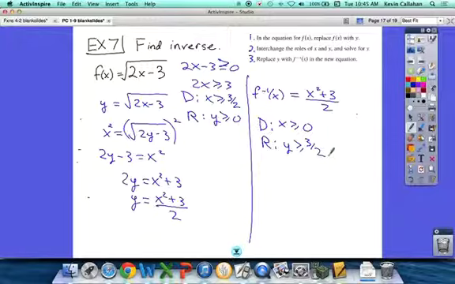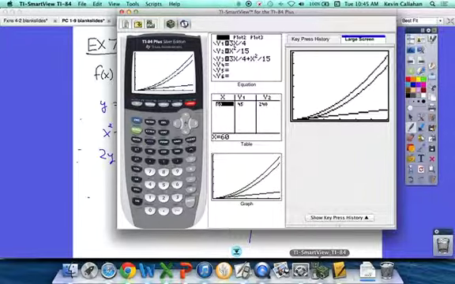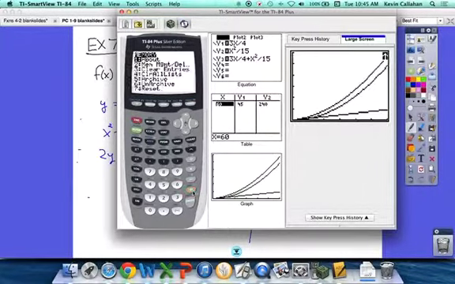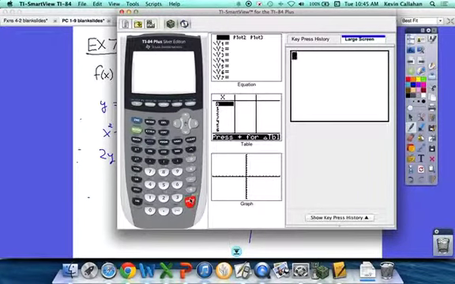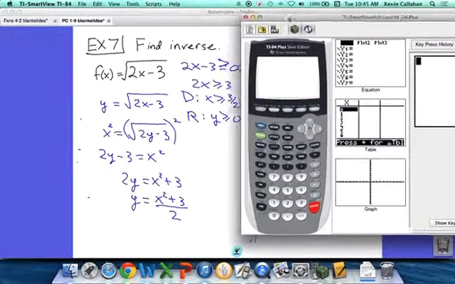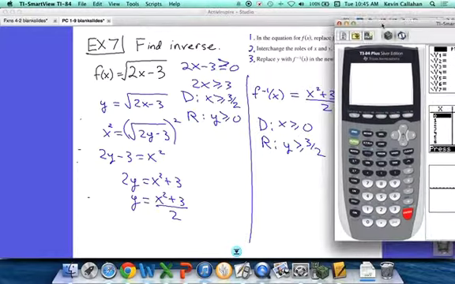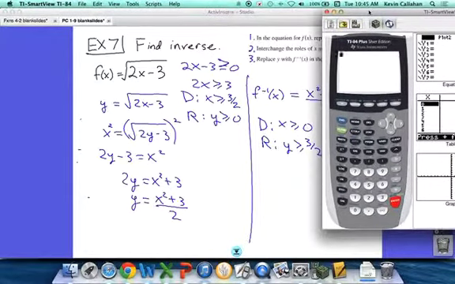Okay, let's look at our graph then. Let's see, where are we at? We'll do it on the calculator. Okay, so let me put this in the calculator. y equals the square root of 2x minus 3.